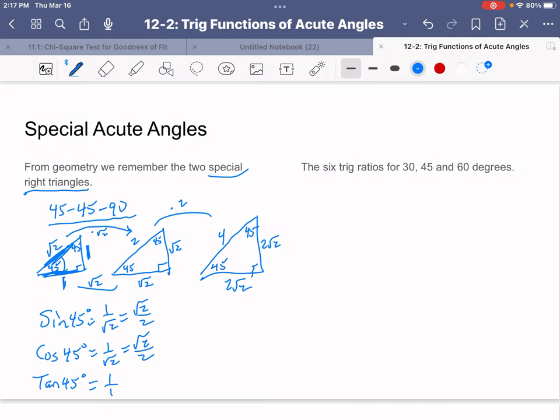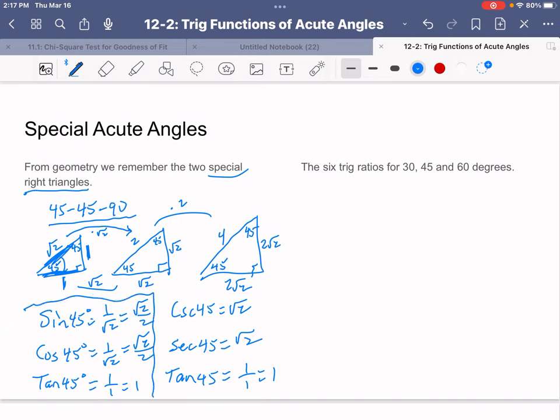Opposite over adjacent is 1 over 1. All right, well, the other 3 are just reciprocals, so the cosecant of 45 is the square root of 2 over 1. The secant of 45 is the square root of 2 over 1. And the cotangent of 45 is, flip 1 over 1, you still have 1. So Mr. Schaefer probably emphasized you might actually want to memorize the sine, cosine, and tangent of 45 degrees. You'll see why in the next part of the lesson, and you'll see how I can be helpful with it.